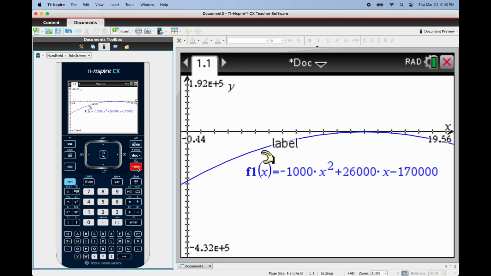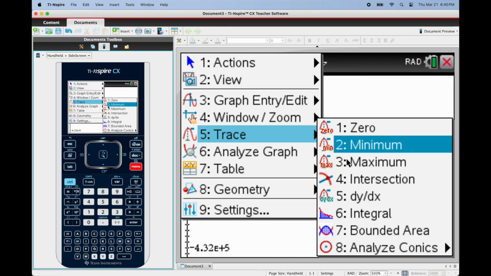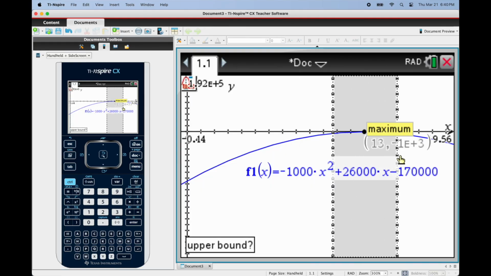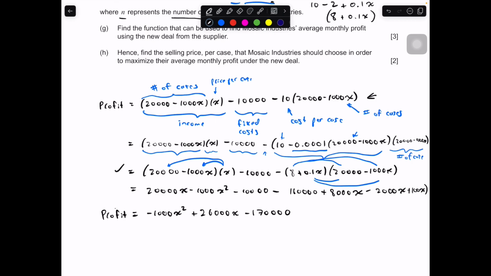Okay, let's find the maximum. Hence find the selling price per case that Mosaic Industries should choose in order to maximize their average profit. Analyze graph, maximum. No, this can't be right. This says that they're losing money under this new deal, but that doesn't make sense. Okay, so it looks like something went wrong in the addition.